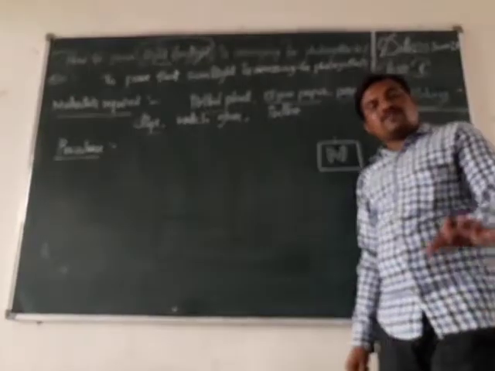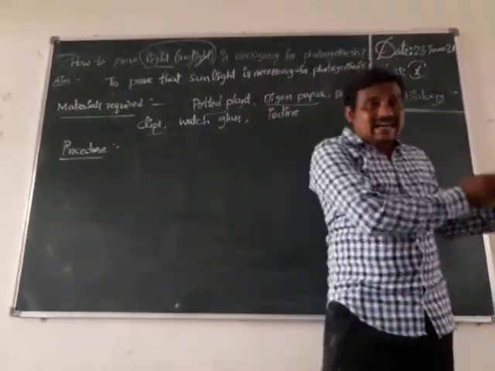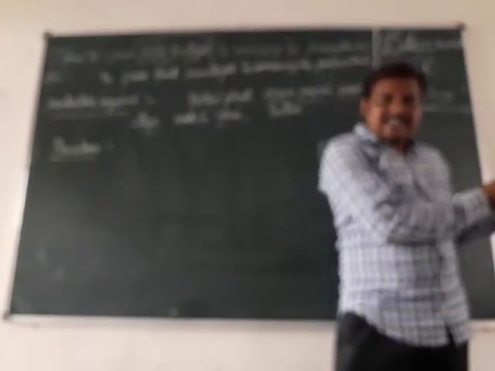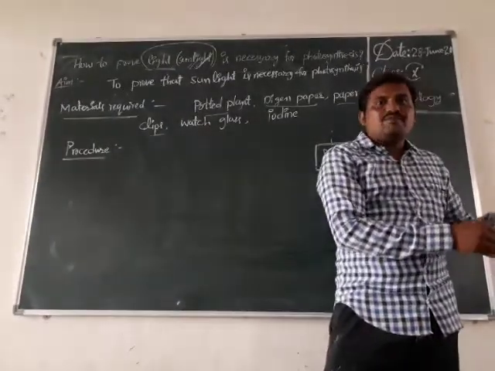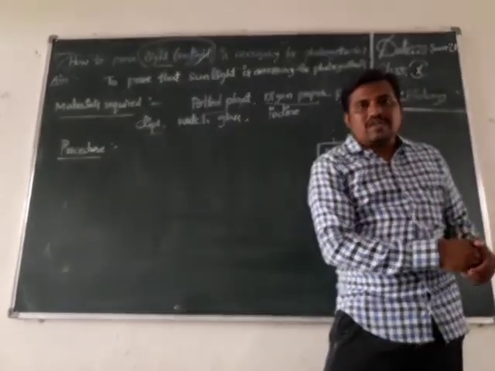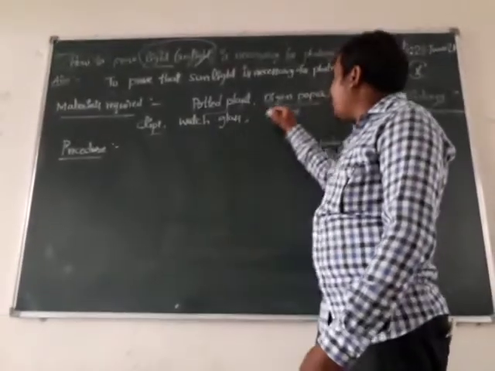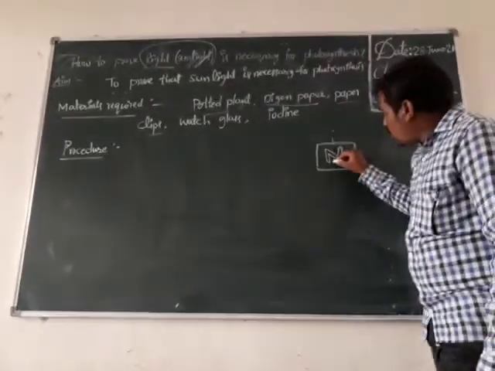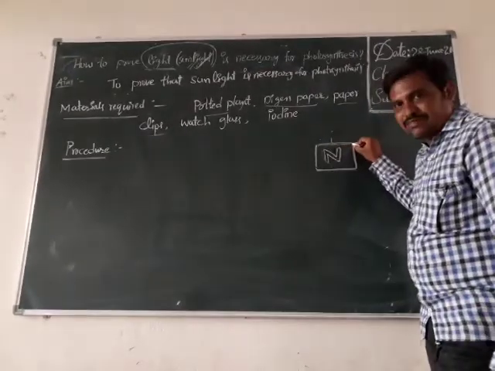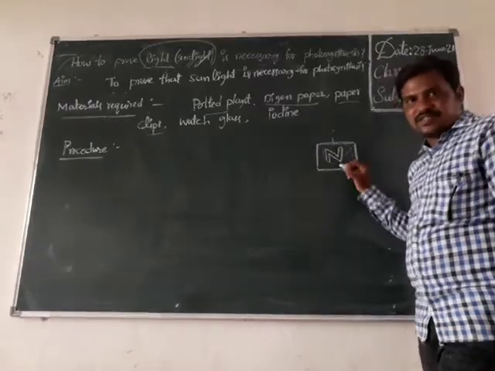What is the first point? First of all, take a potted plant and keep it in the dark for nearly 3 days, at least 7 days, to remove starch, or destarching, due to the absence of photosynthesis. Second point, take a black paper and cut it with your own design, like a letter, symbol, star, or any letters.